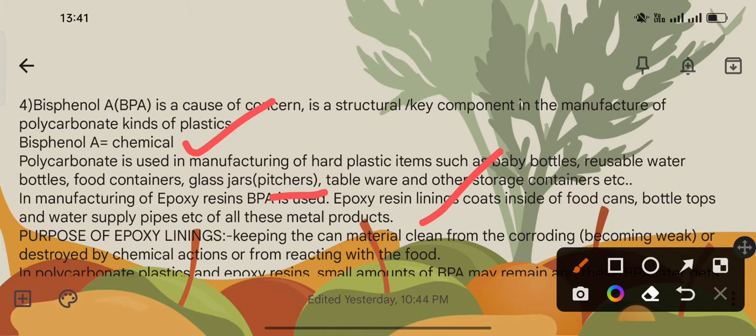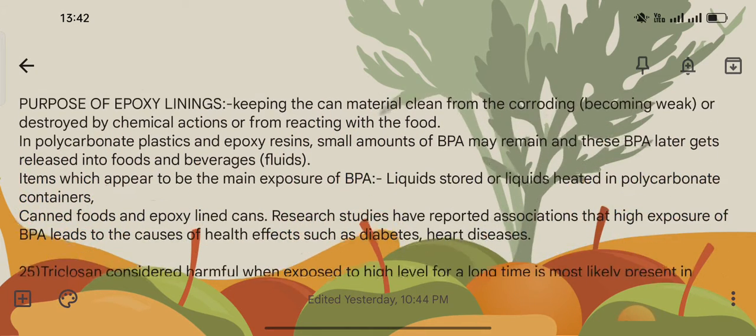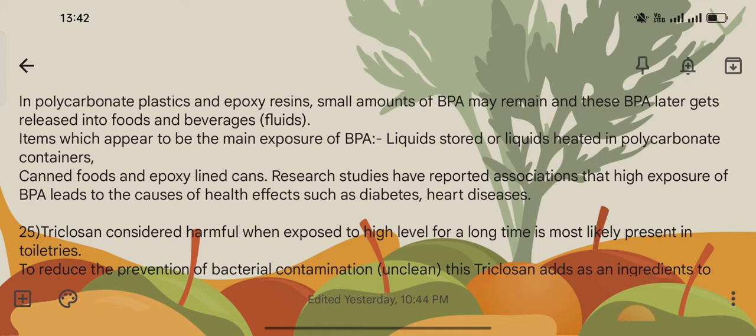The purpose of epoxy linings is keeping the can material, here meaning the water can, clean from corroding. Corroding means becoming weak or destroyed, damaged by chemical actions or by reacting with the food. In polycarbonate plastics and epoxy resins, a small amount of bisphenol A may remain, and this BPA later gets released into foods and beverages.